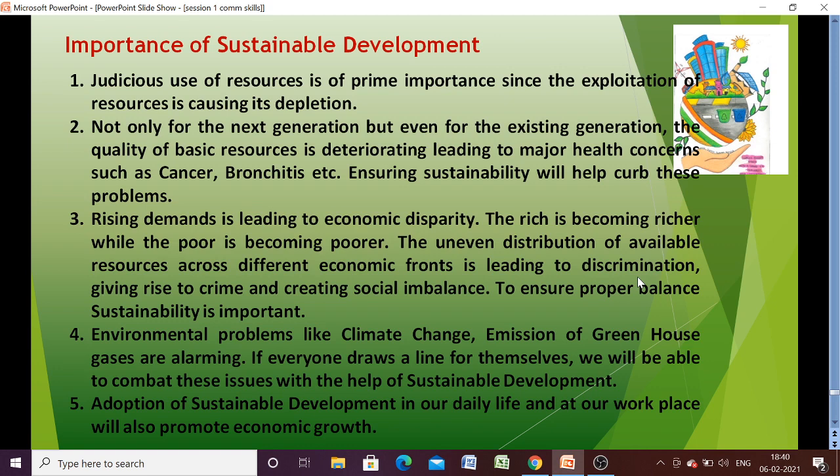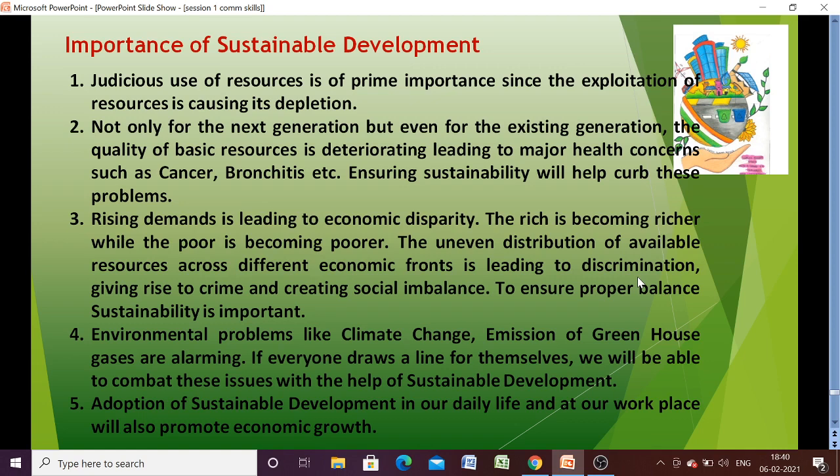So, what is the importance of sustainable development? So, the importance is, first, reduce wastage. It means sustainable development teaches us how we can use our resources wisely, so it reduces wastage.